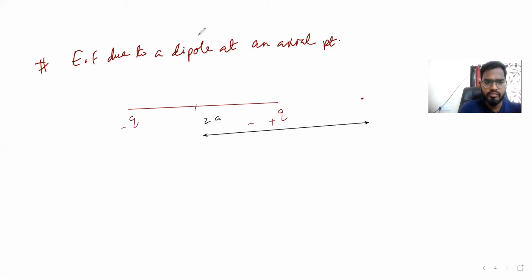So minus q and plus q, with 2a distance between them, and this point let's consider as P, and this distance let's consider r. Fine.